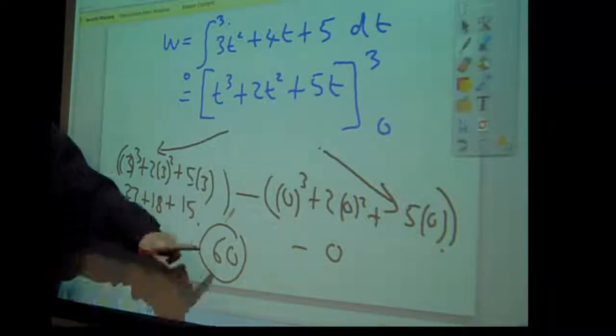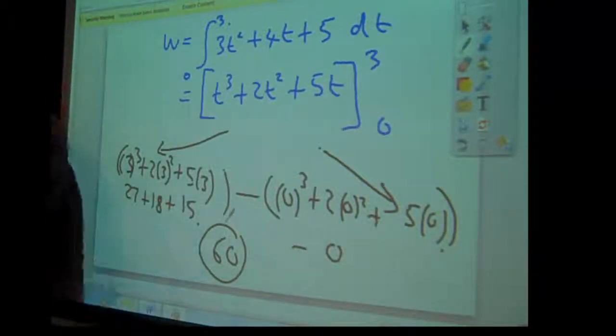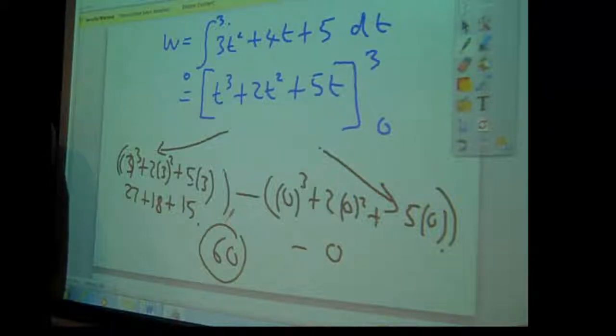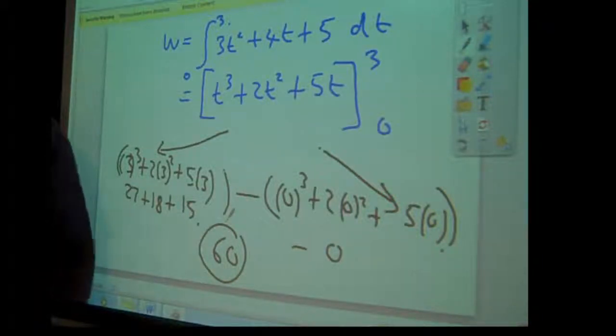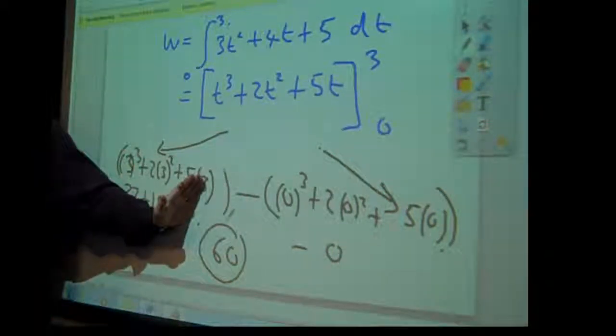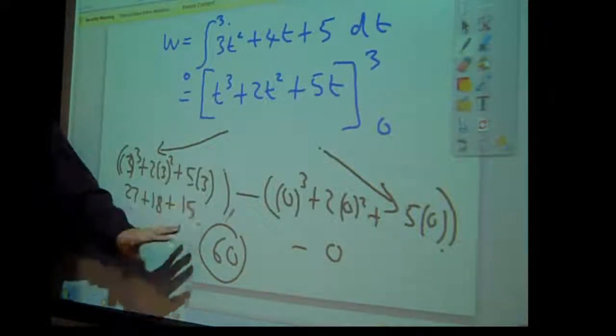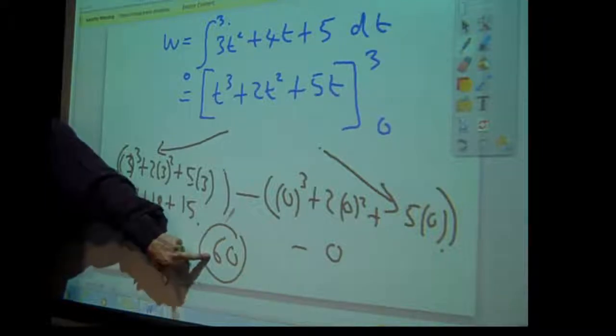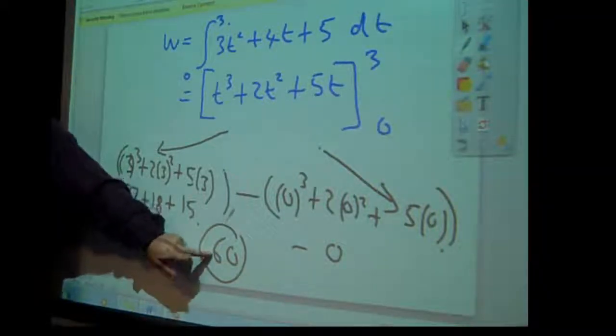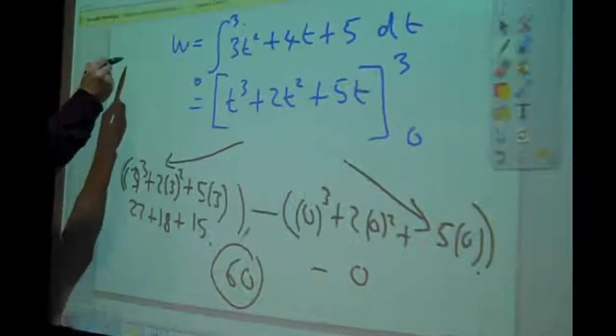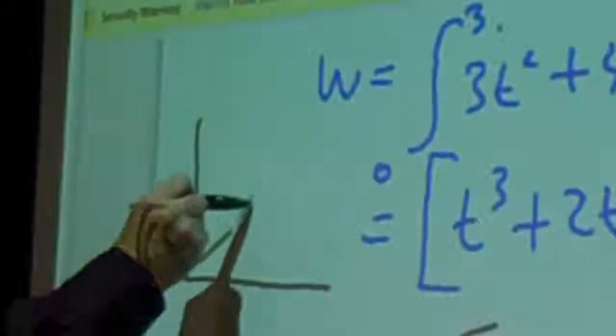Compare that with the previous one, which was 61.5, I believe. Yeah, it was 61.5. This is the business. This is the one where you get an accurate measurement of the actual answer itself. People say, why is that? Well, if you go back to that graph, we said the area of the trapeziums.